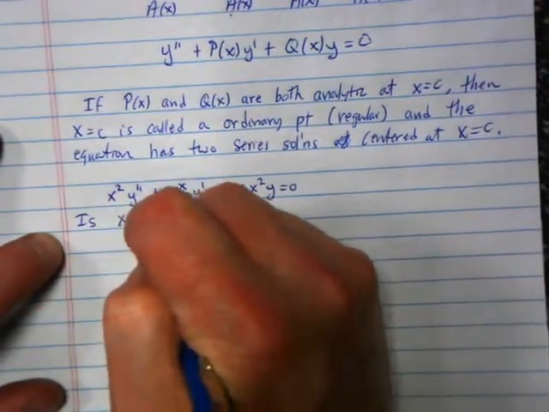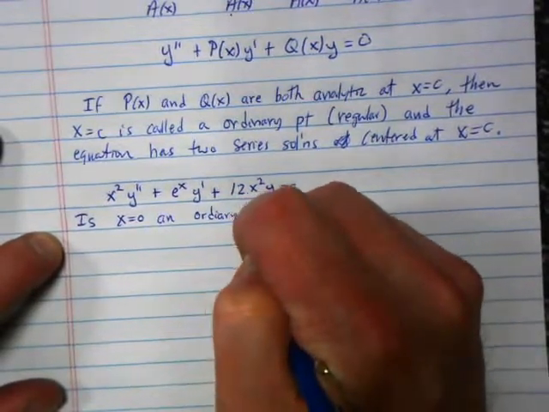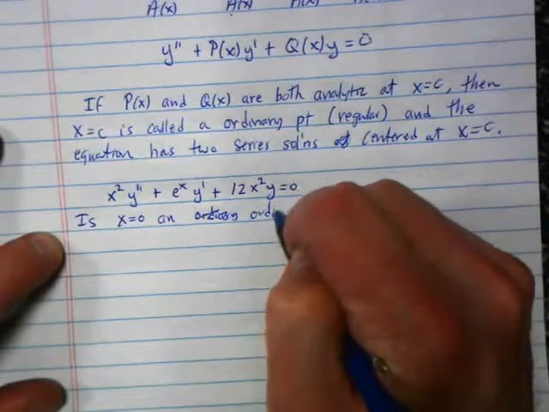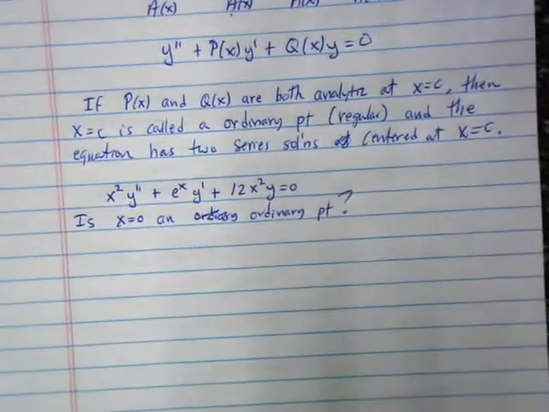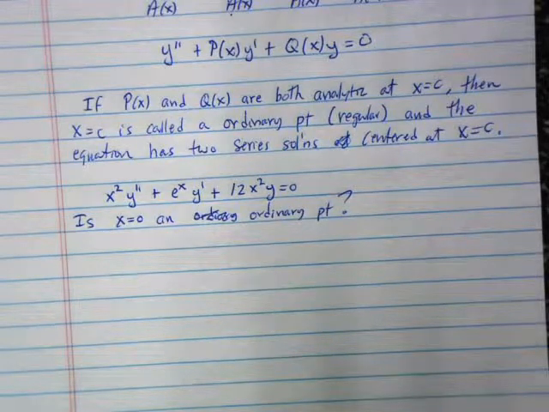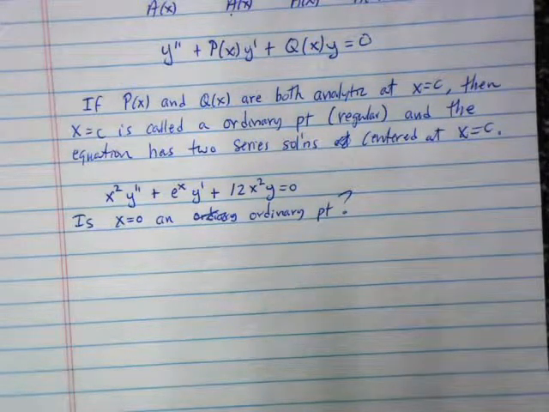Is x equals 0 an ordinary point? Yes or no? You get a 50-50 chance of being right. Some of you are right, some of you are wrong.